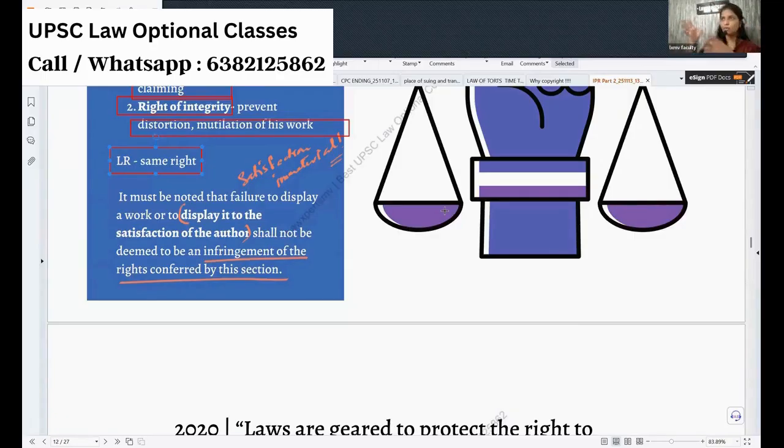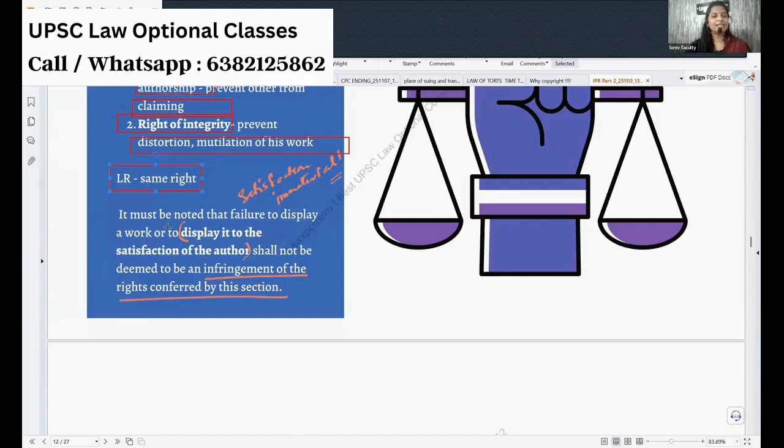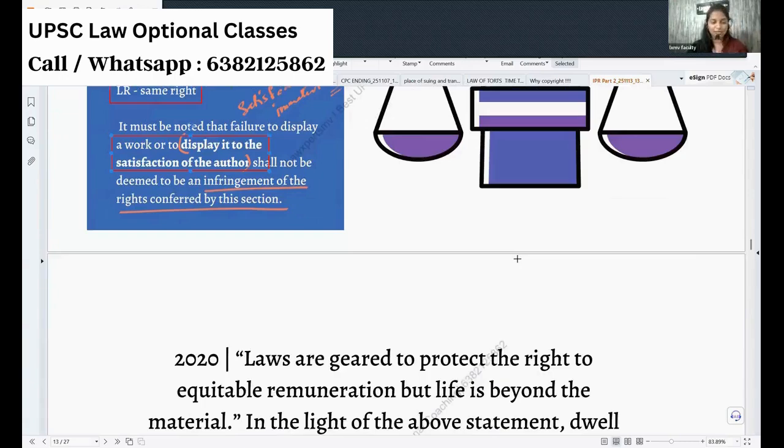But when I see the hoardings, it's not to my satisfaction. The colors are not very good. Can I say that my moral rights are violated? No. It should be a mutilation. It should be something distorting my work, but not displaying the work to the satisfaction of the author is not a violation of your moral rights. That is a very important thing that you have to note.